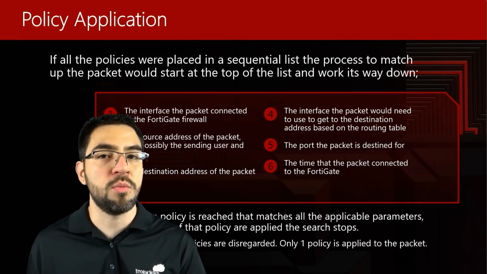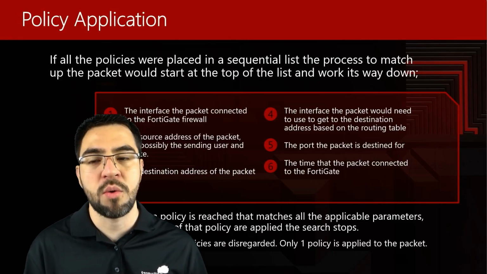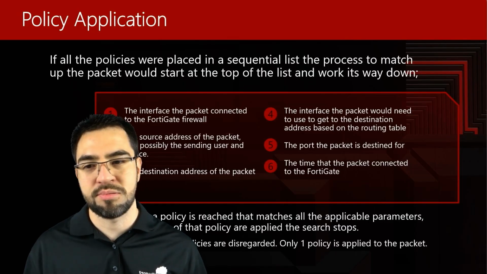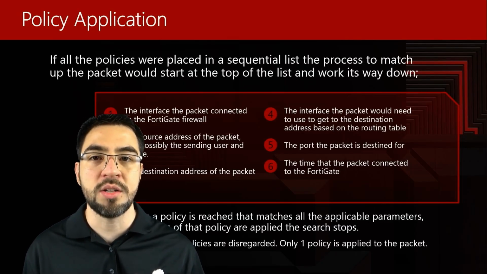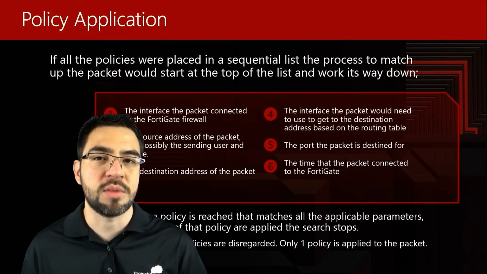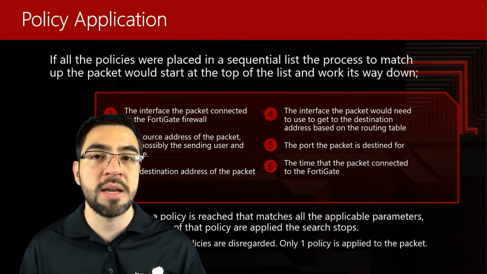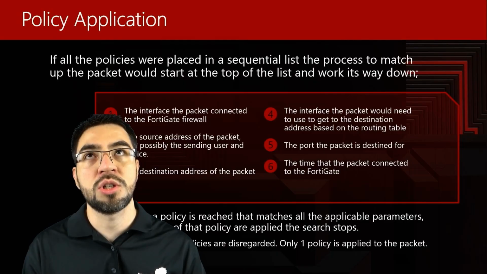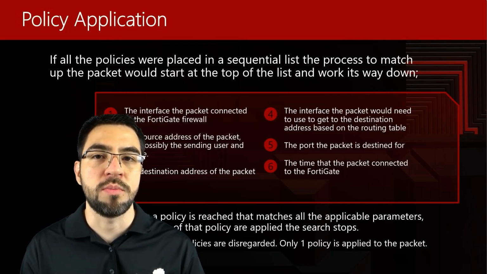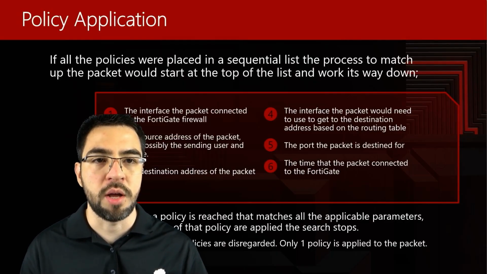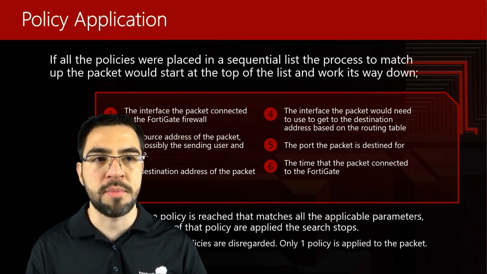But if we are dealing with data center traffic, with API requests, VPN connectivity, or any other type of integration for our applications, obviously that is going to change. But just keep in mind that as much as we can, we always want to be specific and granular with our policies, so we can optimize that.